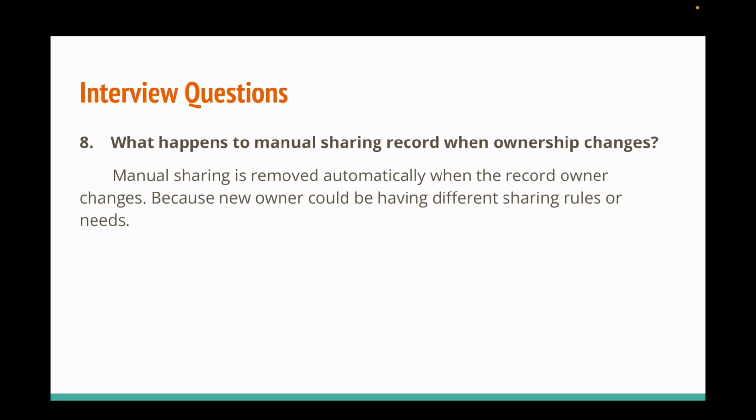The next question we have, what happens to manual sharing records when the ownership changes? Manual sharing is removed automatically whenever the record owner changes, because the new owner could have different sharing rules or needs. Sometimes this question has a follow-up, or is framed like this: if you have a record shared manually with user B, and after it is shared, the ownership is changed manually to user C, will user B still have access to that record?